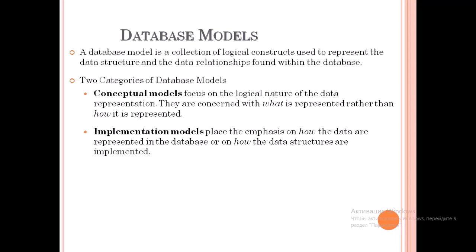This model focuses on the logical nature of the data representation, and they are concerned with what is represented rather than how it's represented. And the next category is implementation models. It places the emphasis on how the data are represented in the database or on how the data structures are implemented.